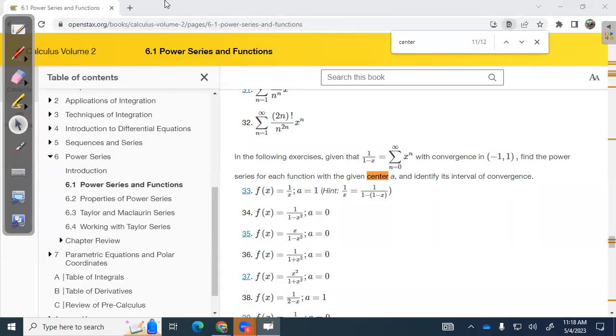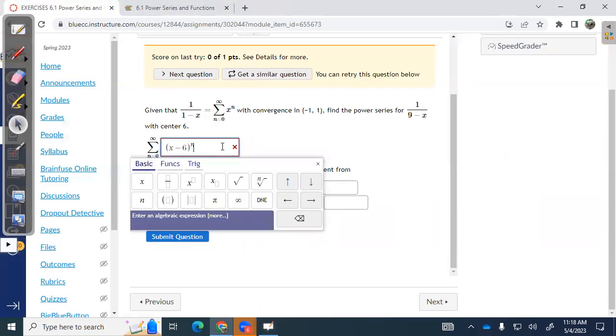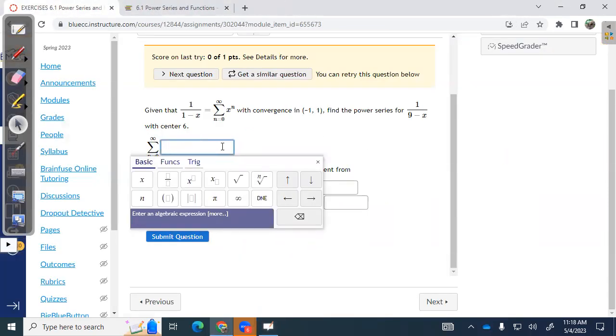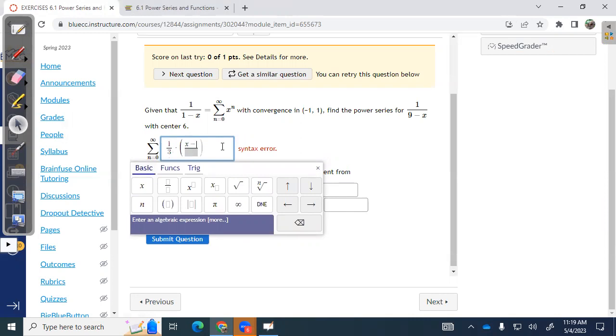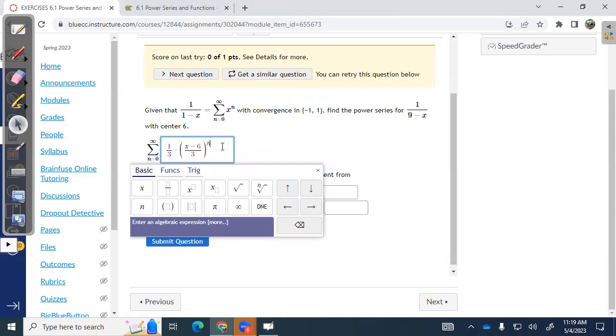So back here, I've got 1/3 times parentheses fraction x minus 6 over 3 raised to the power n is my series.